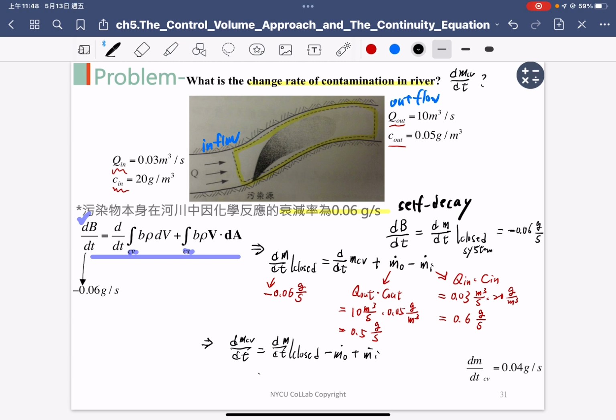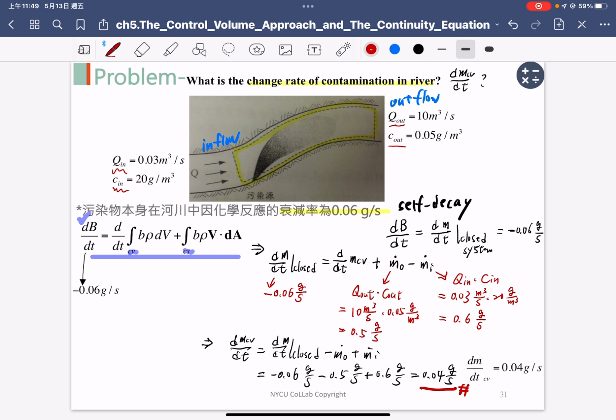So we put all of the numbers into the equation, minus 0.5 g per second plus 0.6 g per second. So finally we know that the answer will equal 0.04 g per second. So this is our final answer.